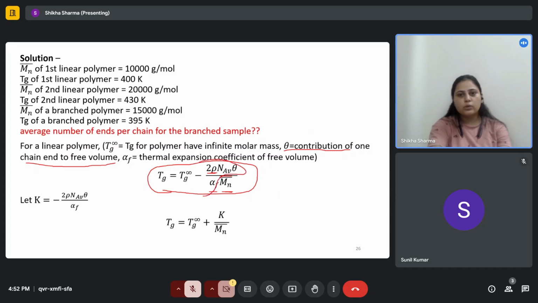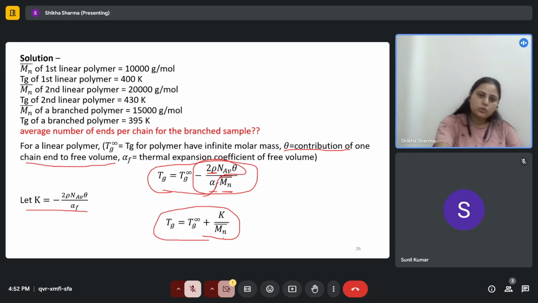This whole term we are converting into K. We are assuming it as K. So Tg is equal to Tg infinity plus K divided by the number average molecular weight. This equation directly gives the relation between the glass transition temperature and the number average molecular weight. And let's solve this question further.